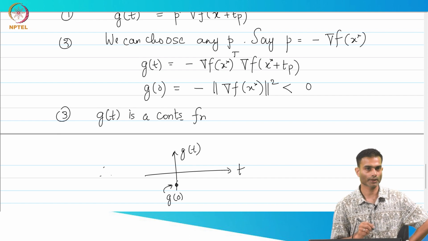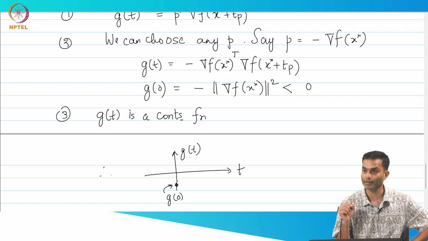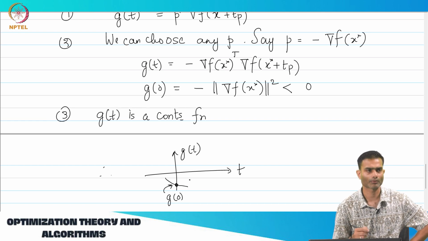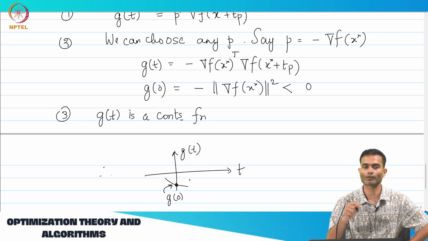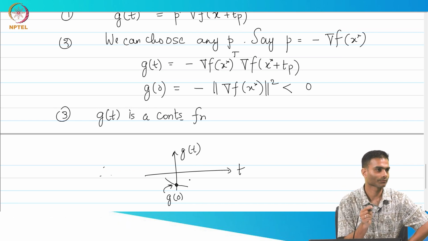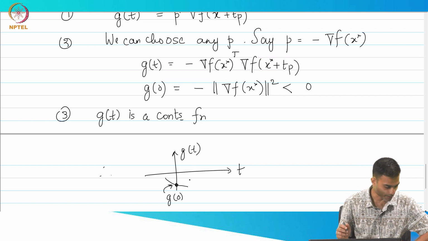Has to be, right? Further, g of t is a continuous function. That means that it will be something like this, let's say, or any shape. Point is that it cannot jump to plus infinity in a delta tending to 0 distance, right? That's the meaning that it is continuous.